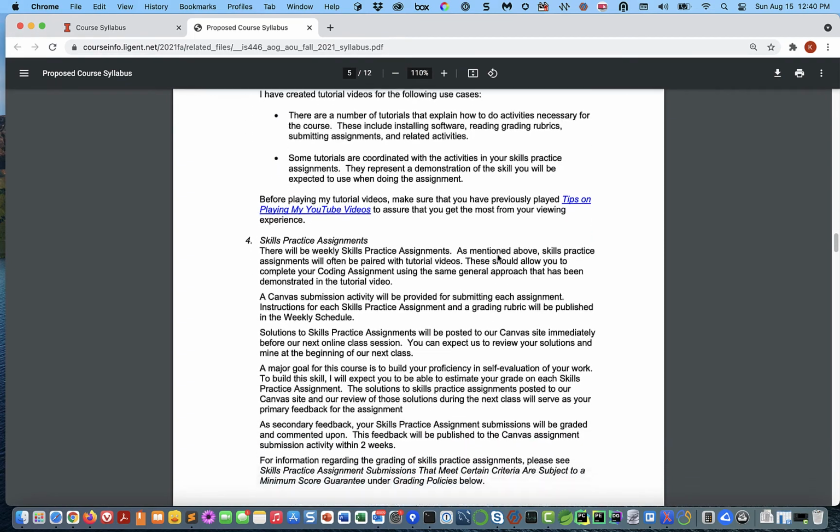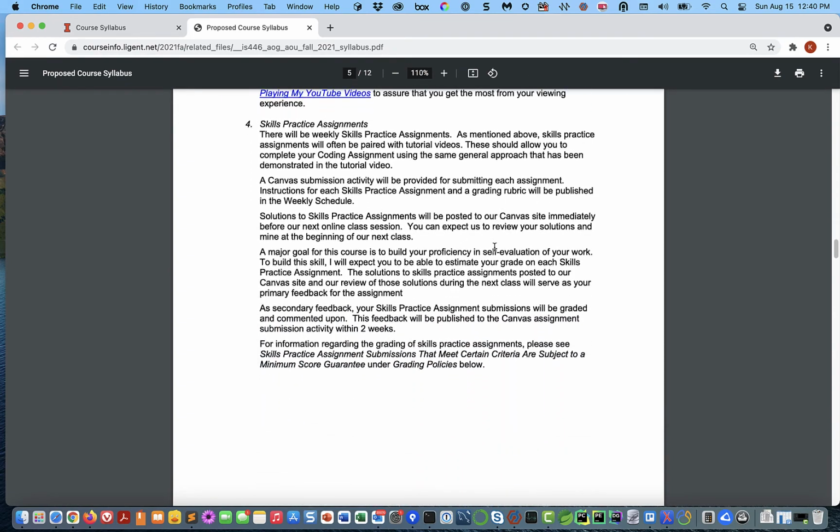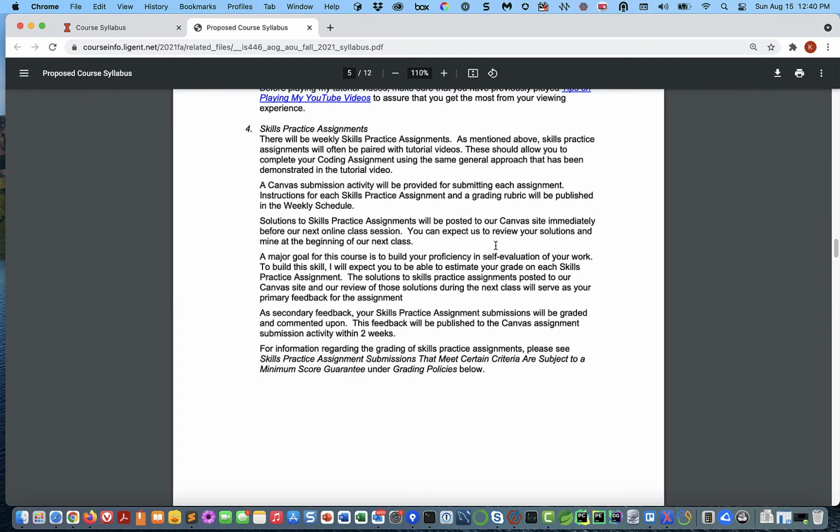Skills practice assignments are creating documents that are part of practicing the kinds of documents that we're going to be creating for our clients when we do the project.